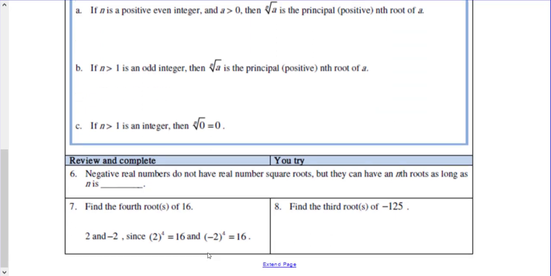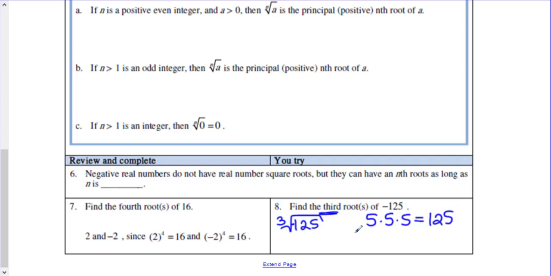So let's think about negative 125. With square roots I couldn't do a negative number, but with third roots I can do a negative number. It's going to be negative 125 under there, because when I multiply 3 numbers, I can get a negative number. So in this case, 5 times 5 times 5 equals 125.